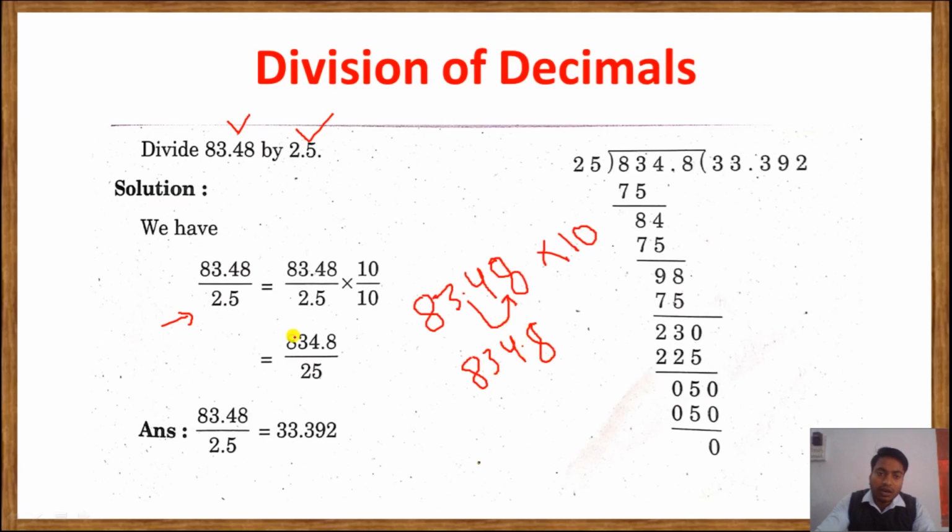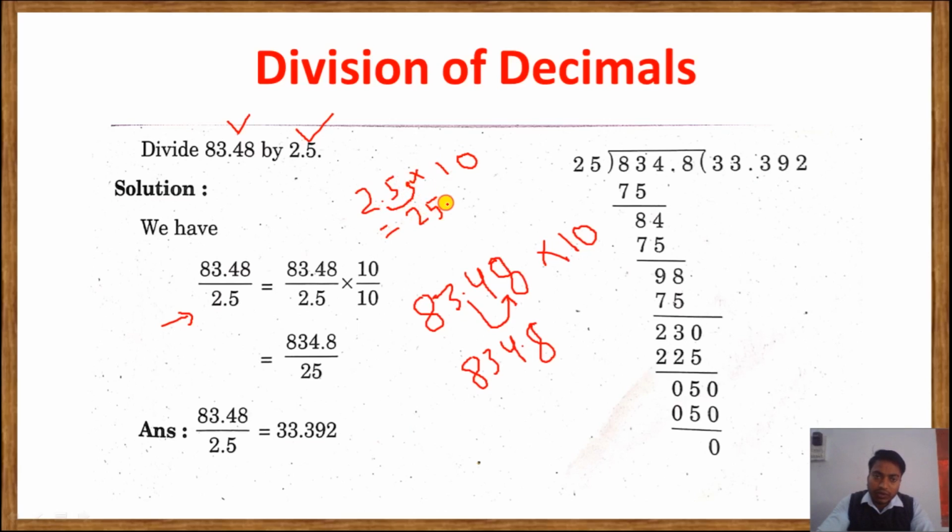Now we have 2.5 into 10. We have to multiply 2.5 by 10. When we multiply by 10, the decimal point will move right side by one place. That means the decimal point will come here. The answer is 25.